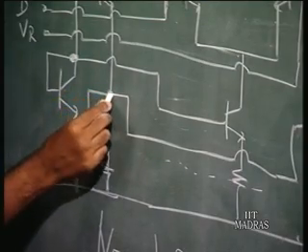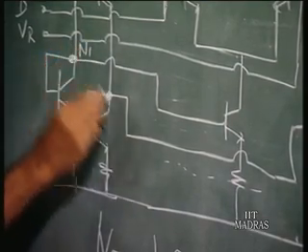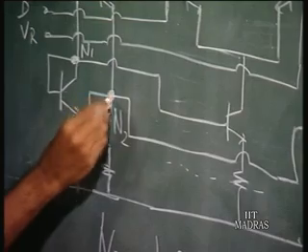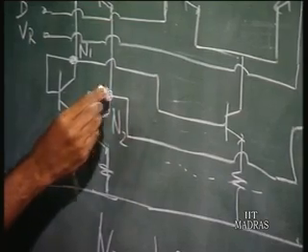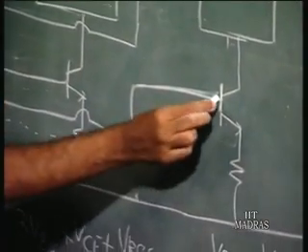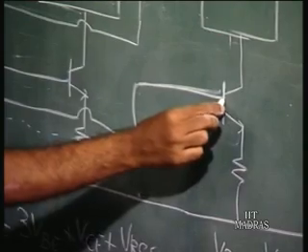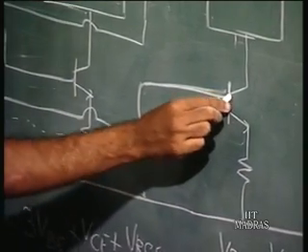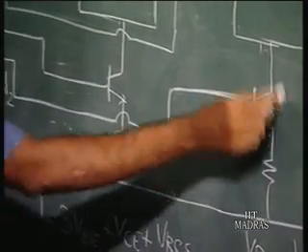If we call this node N1 and this node N2, and the voltage at node N2 is high, then the base voltage of the transistor to which it is connected is going to be high and it is going to be turned on.